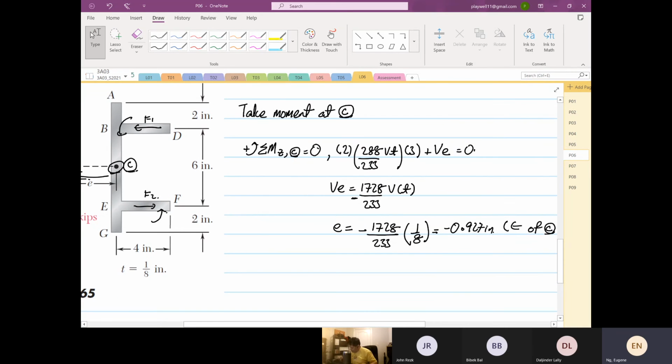Only after we know the shear center can we apply VQ over IT, the shear stress.